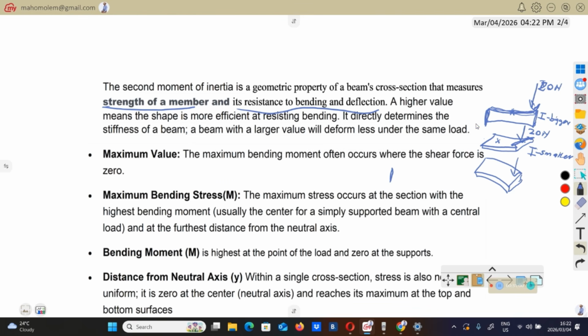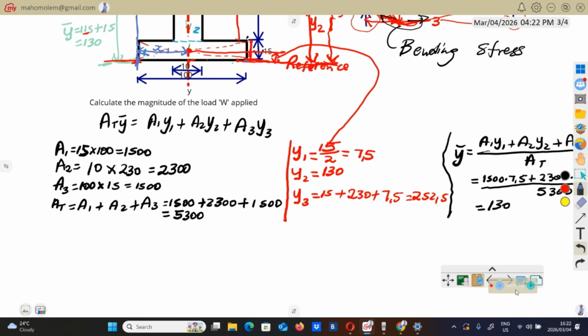How easy is it to bend that beam? So that is the I value. So now we're going to calculate that I value. To calculate that I value, we're going to use this theorem.